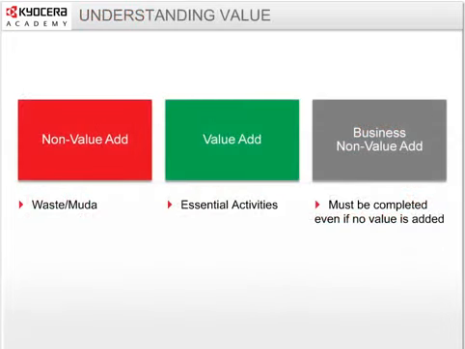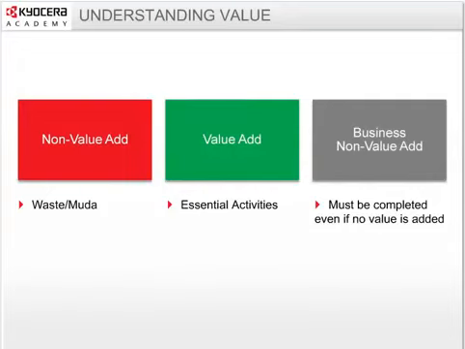In Lean terms, value is always defined by the customer, and there are 3 ways we can categorize value. Waste, or muda, is typically referred to as a non-value-add activity. Essential activities are called value-add activities, for which the customer is willing to pay.